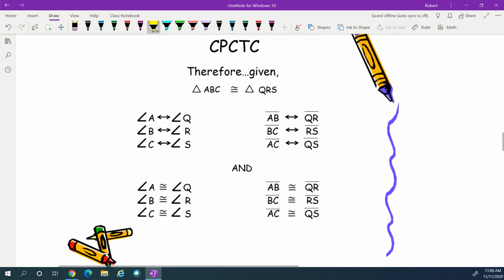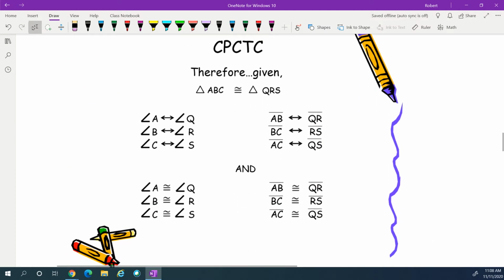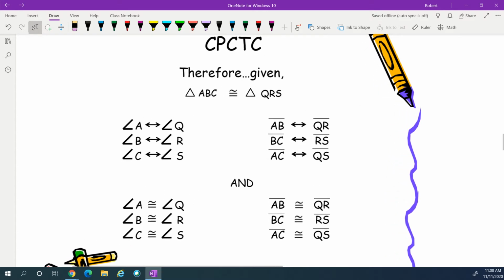So, again, if we take our triangle statement here. We have a congruent statement, triangle ABC. So again, I'm just going to number these. 1, 2, 3. So vertex 1, vertex 2, vertex 3. And we're saying it is identical or congruent to the other triangle, triangle QRS. And again, I'm going to just put 1, 2, 3.